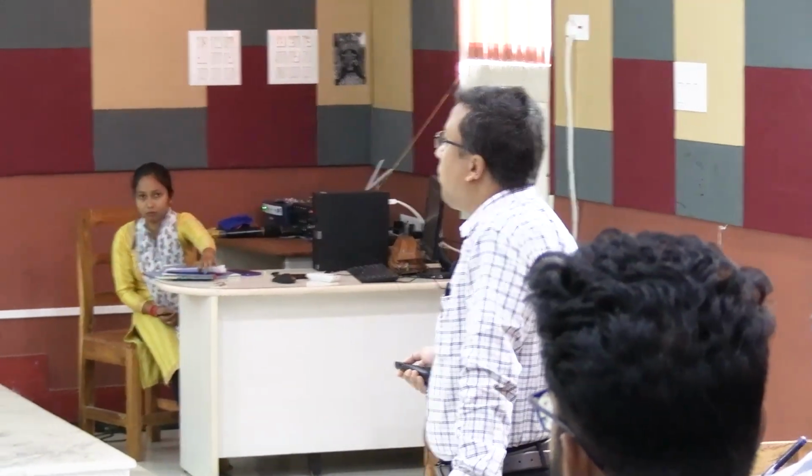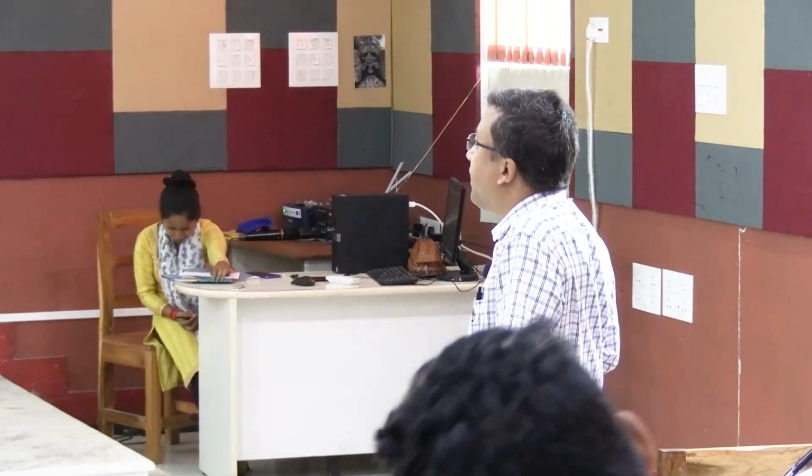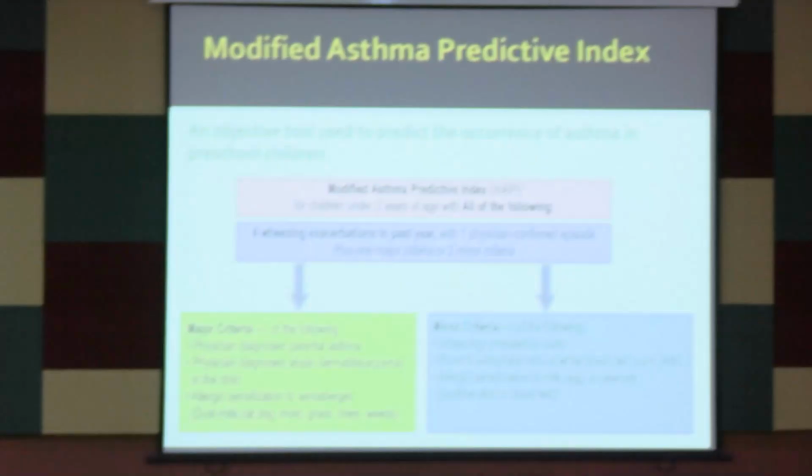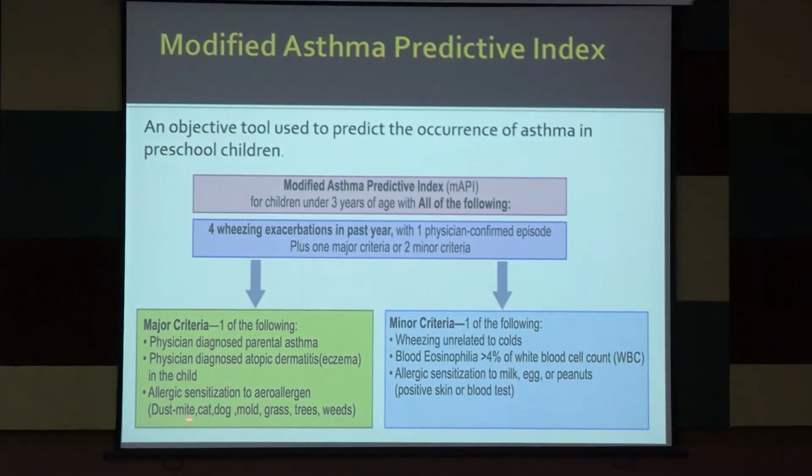What are the major criteria? Physician-diagnosed parental asthma, or physician-diagnosed atopic dermatitis in the child, or allergic sensitization to aeroallergen: dust mite, cat, dog, mold, grass, trees, weeds, etc. Any one may be present.